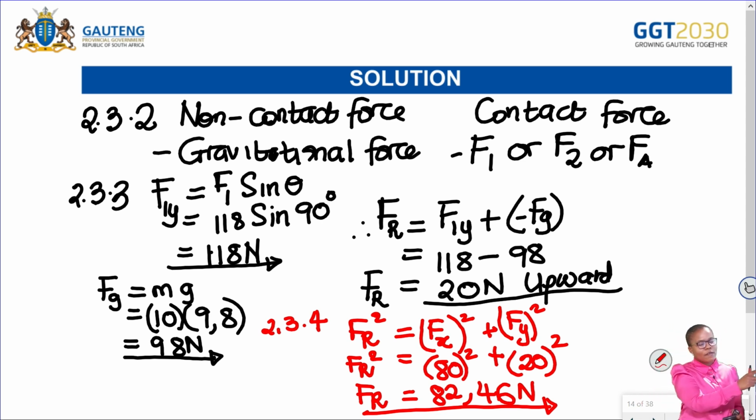But that is still your FR squared. You introduce a square root on both sides. What you do on your left is what you're going to be doing on your right. And then so that this square is removed by the square root. And therefore you are left with 82.46, which is the square root of 6,800. Okay.